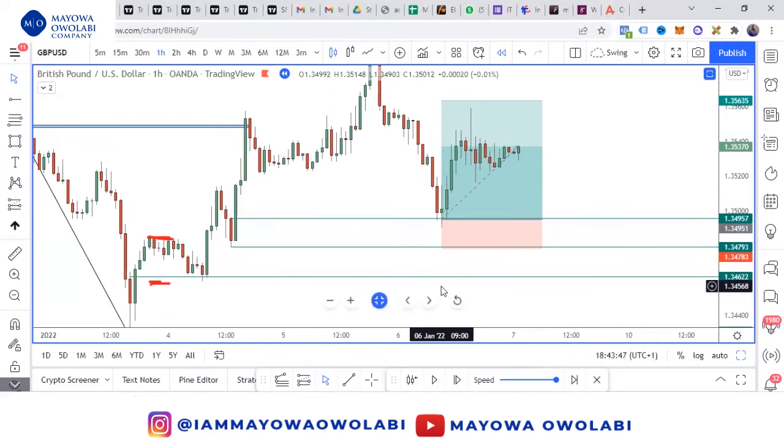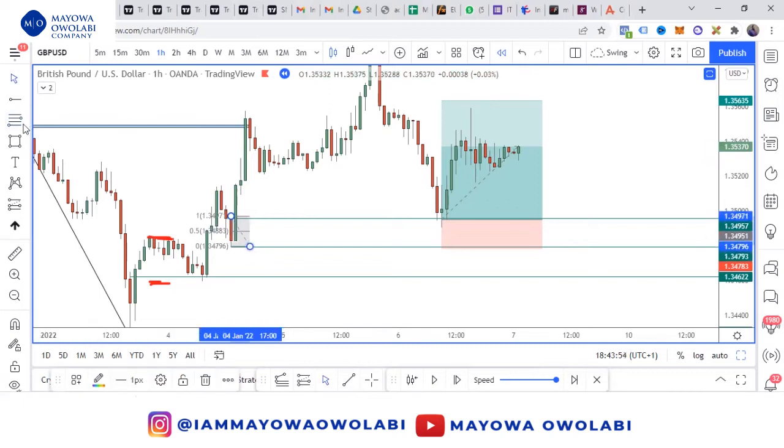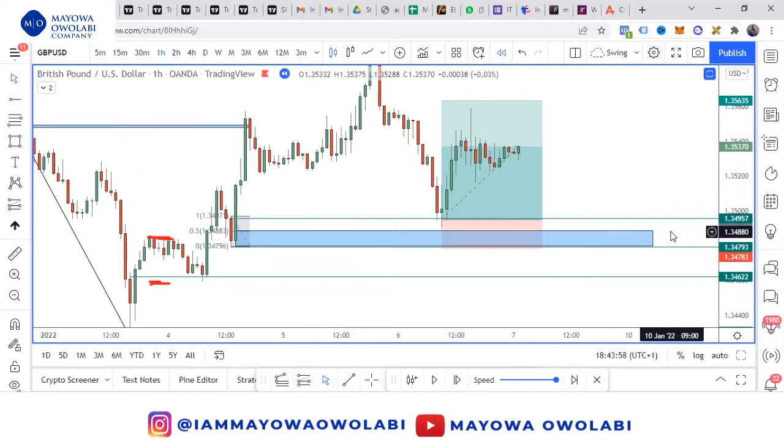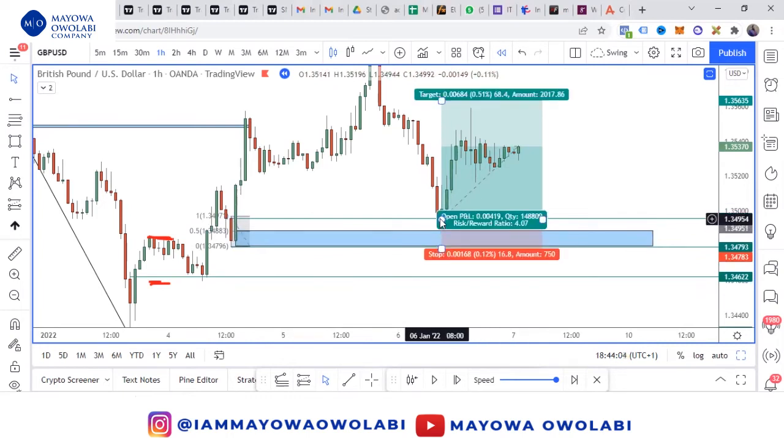Okay? And notice that this guy did not do 50%. He didn't do 50%. So you probably must have missed out in this trade. So that is why some traders use the full and they go to lower time frame and trade it.